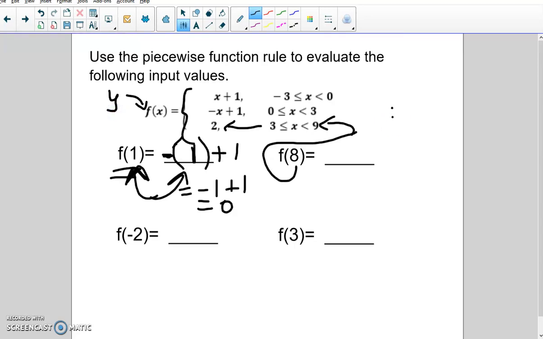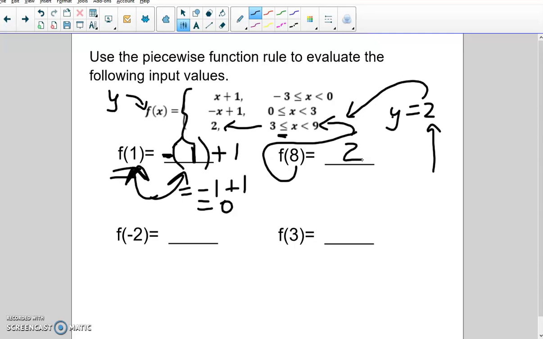So what this is saying is y equals 2 for all of the parts where it's between 3 and 9. And then also remember, if it's equal to 3, then it also works for y equals 2. So f of 8 then is just, the output of this is just 2.